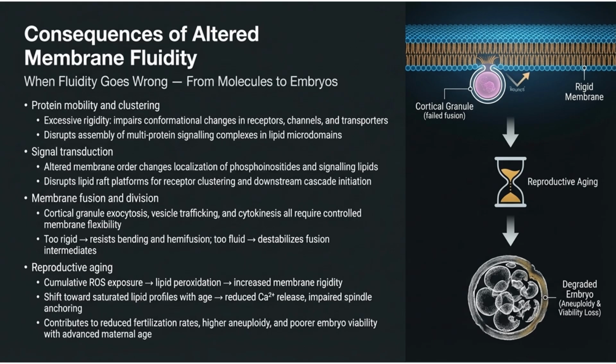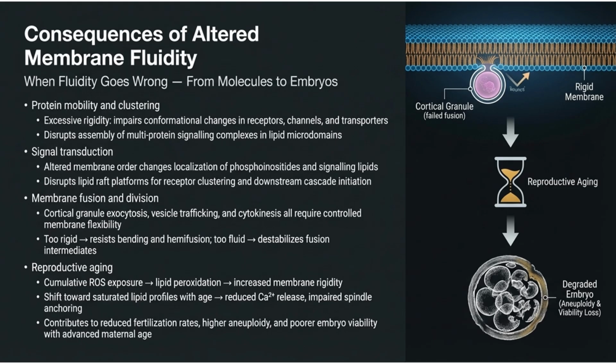Altered membrane order also disrupts the assembly of multi-protein signaling complexes within lipid microdomains, those rafts that depend on precise cholesterol and sphingomyelin packing. When the raft structure is compromised, the spatial organization of signaling cascades breaks down.